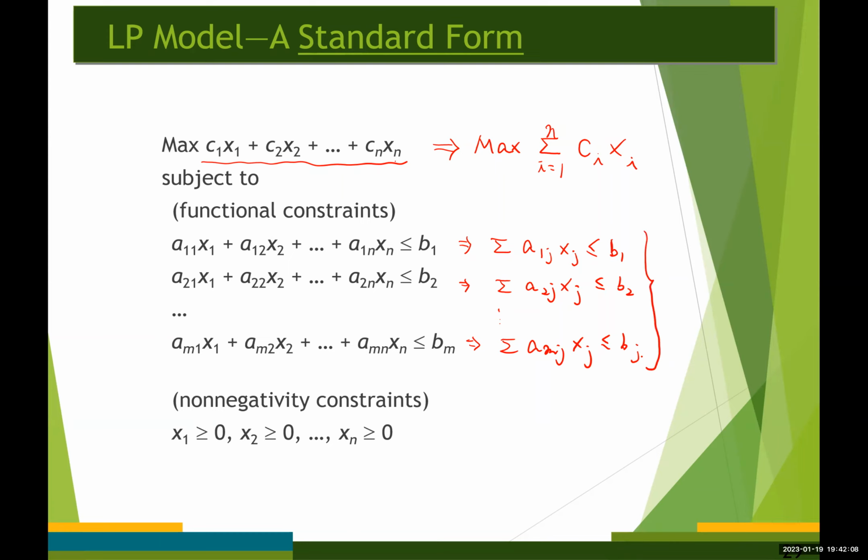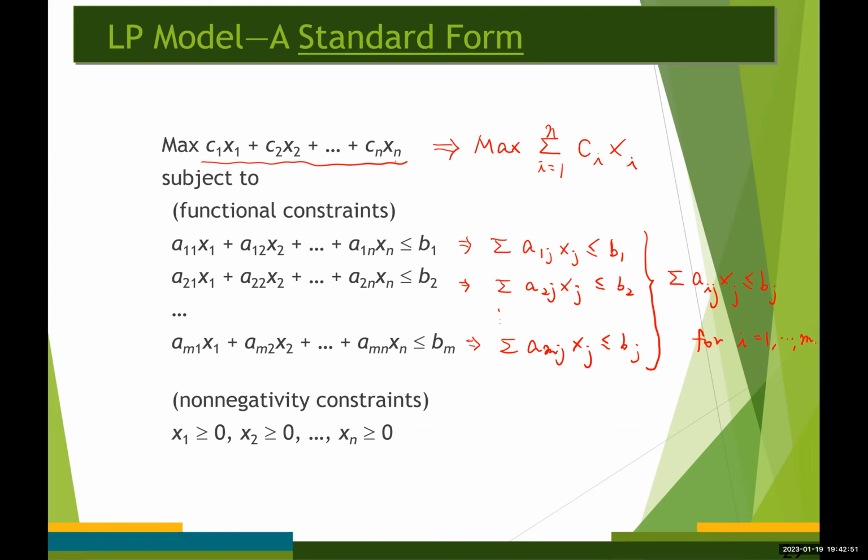Of course, this can be further simplified as the sum over A sub ij x sub j less than or equal to b sub i for i going from 1 to m, right?